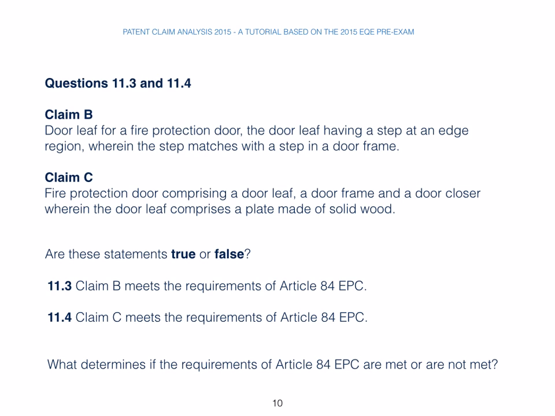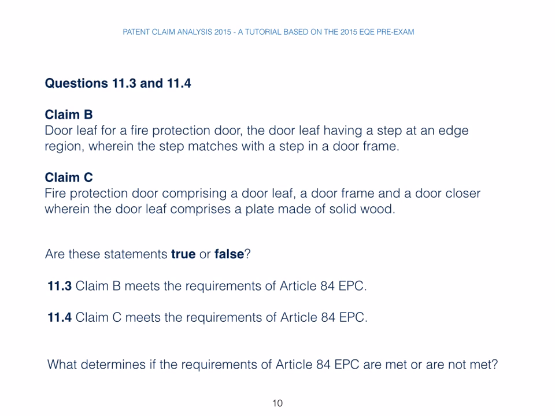Questions 11.3 and 11.4 are about whether claim B or claim C meets the requirements of Article 84 EPC. Claim B reads, door leaf for a fire protection door, the door leaf having a step at an edge region wherein the step matches with a step in a door frame.